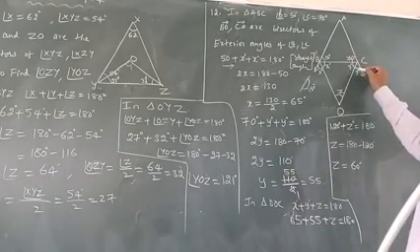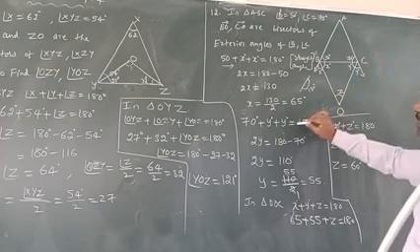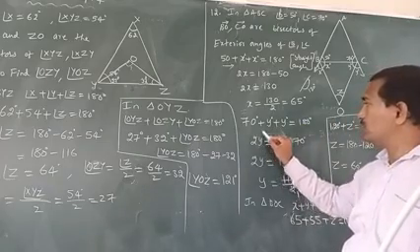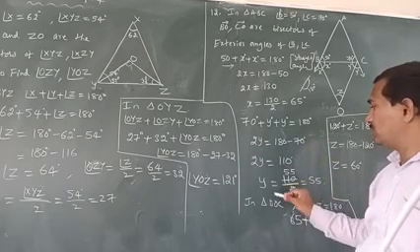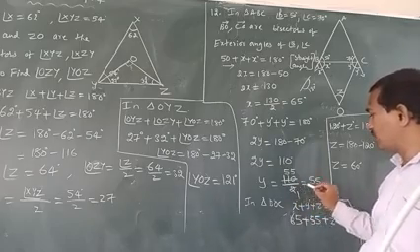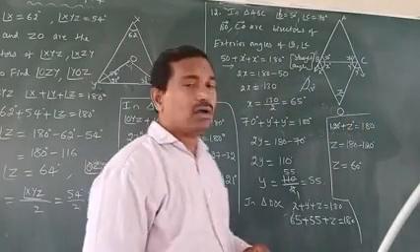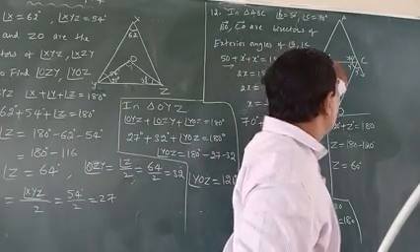Next, here it is also a straight angle. 70 plus y plus y equals 180. So 2y equals 180 minus 70, that is 110. So y equals 110 by 2, which is 55. Now how can you find z? Take this triangle BOC.